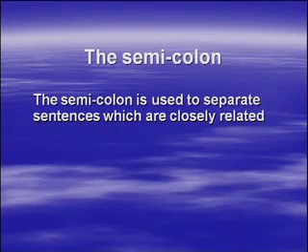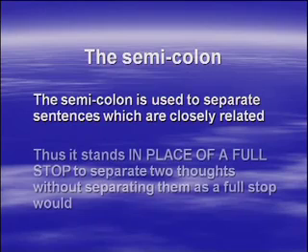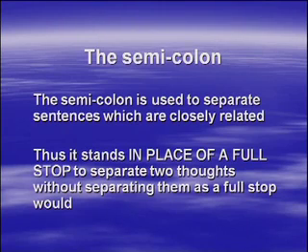It's the semicolon. The semicolon is used to separate sentences which are closely related. Thus, it stands in place of a full stop to separate two thoughts without separating them as a full stop would. All right, so if you say, this is Tebogo, full stop, she is my learner, it's two separate ideas and I'm saying it's really unlinked.